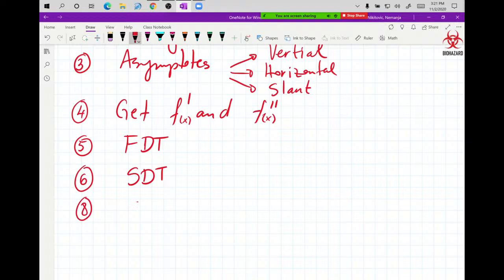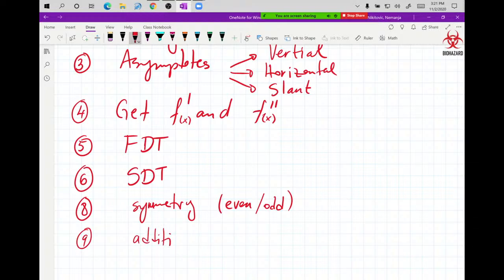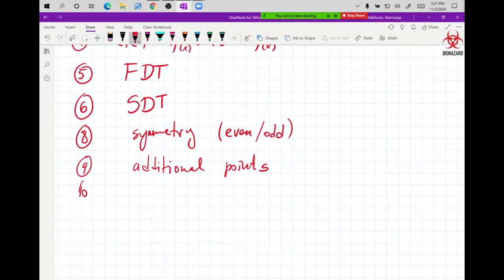For number 8 you might want to consider symmetry, which is technically the even and odd talk from pre-Calculus 1. And then number 9, maybe you need additional points. And then finally 10, graph, and win.